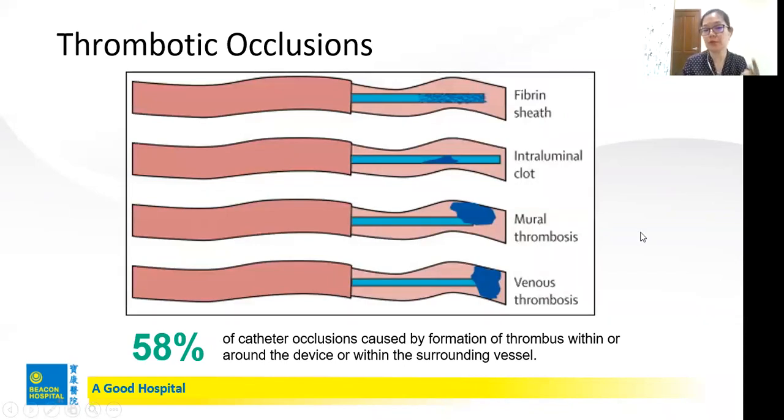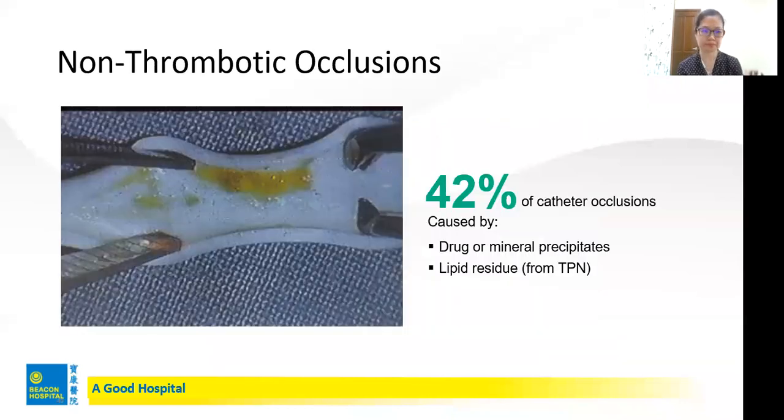There are two common types of occlusion. First is the thrombotic occlusion, which might be caused by a fibrin sheath, intraluminal clot, or venous thrombosis. The incidence is about 58% of catheter occlusions caused by formation of thrombus within or around the device or within the surrounding vessel.